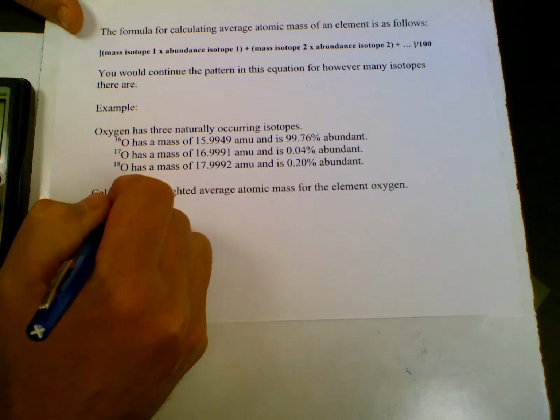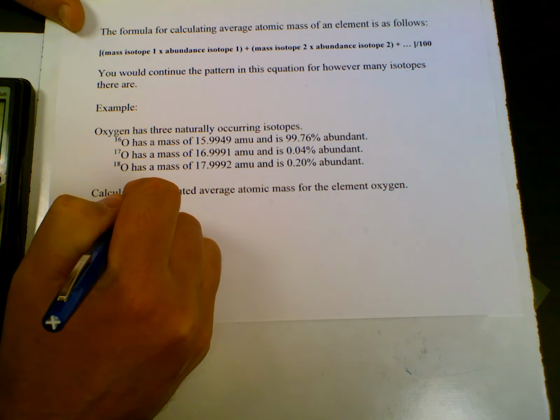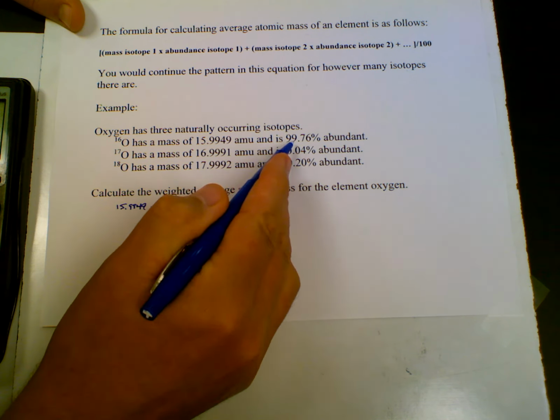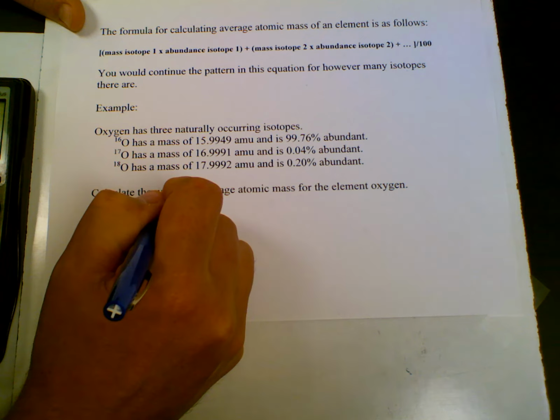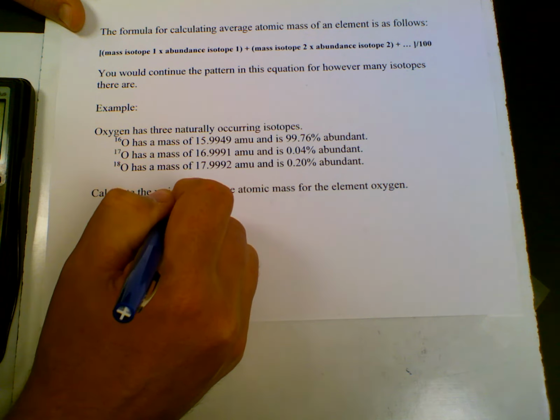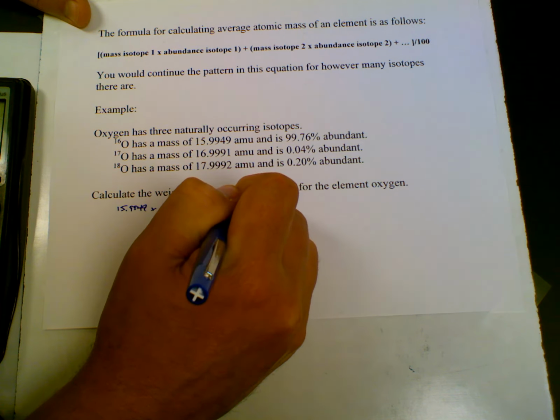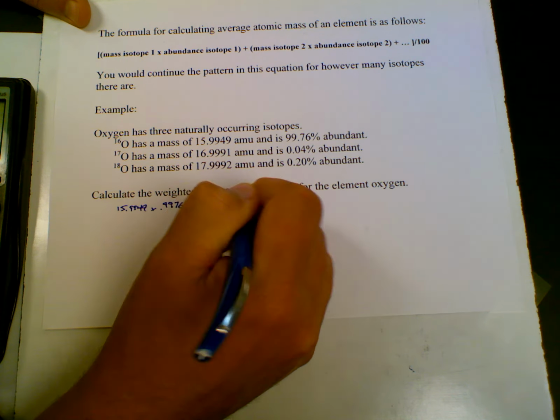I would want to take 15.9949 times its abundance written as a decimal, 0.9976. Notice I moved the decimal 2 places. I want to add to that the mass of this one, 16.9991, times its abundance.